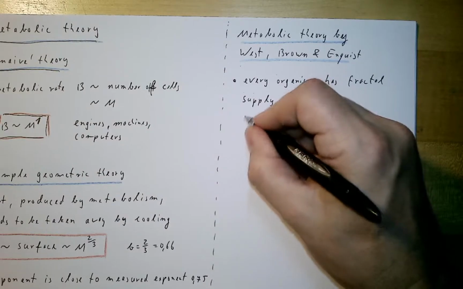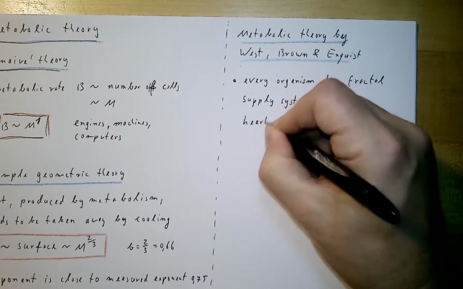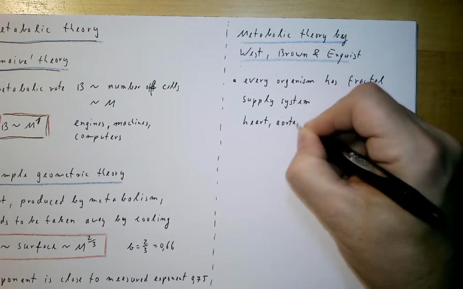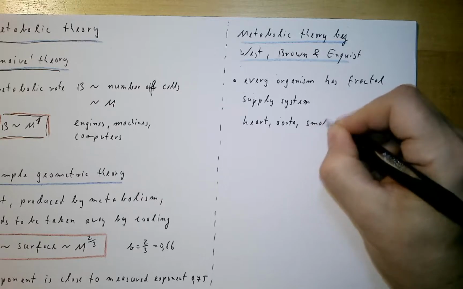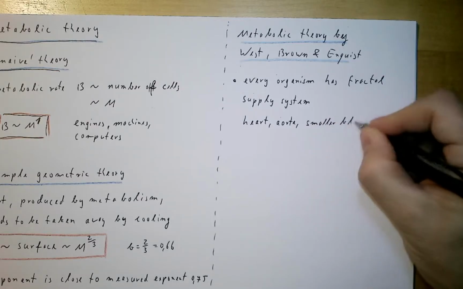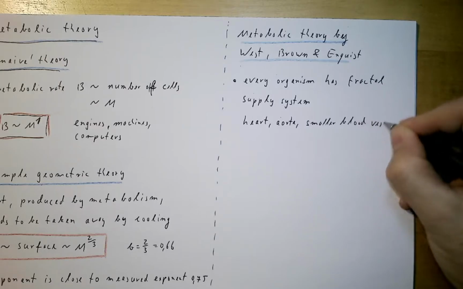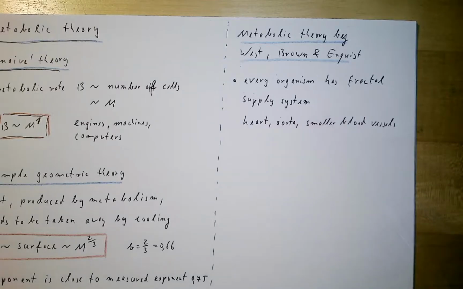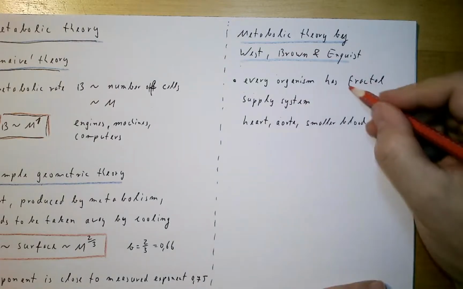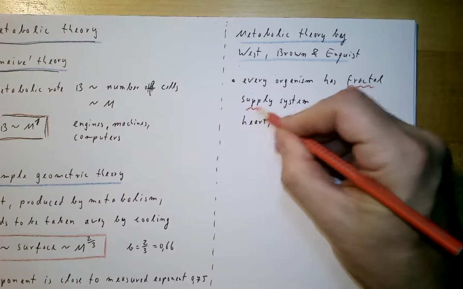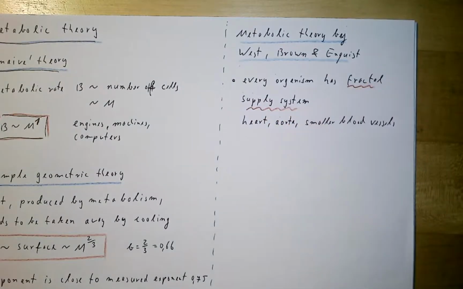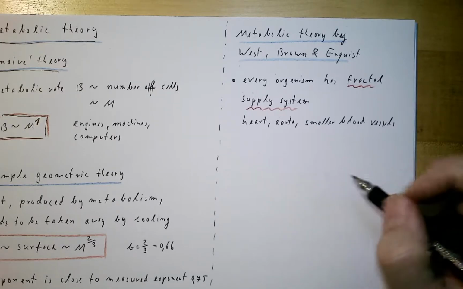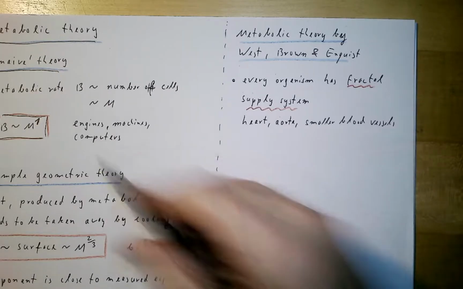So you could have the system of heart, the biggest vessel, the aorta, and smaller blood vessels. And this fractal supply system is needed in order to produce the energy to every cell in the organism where we want to produce our metabolism.